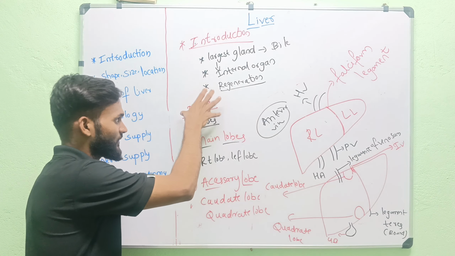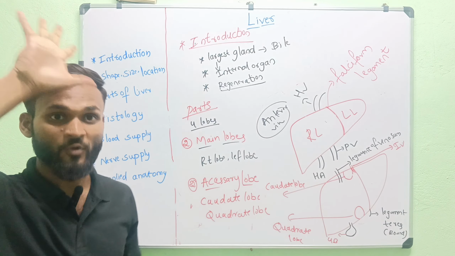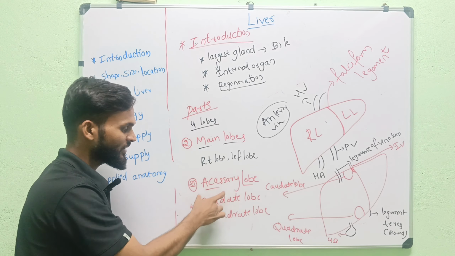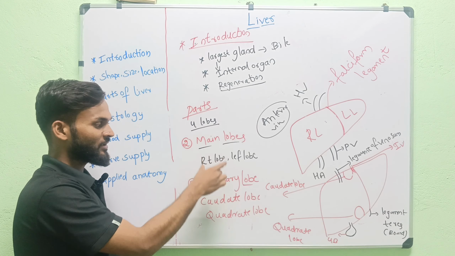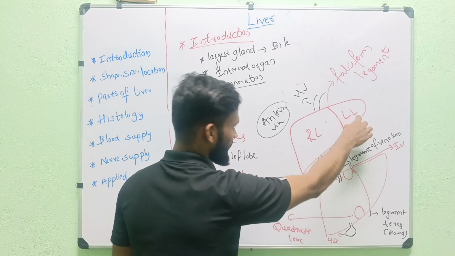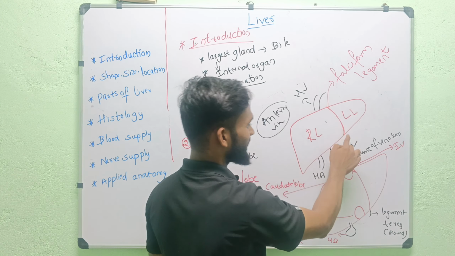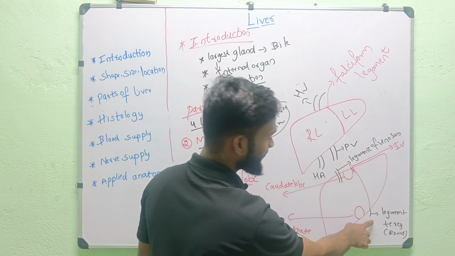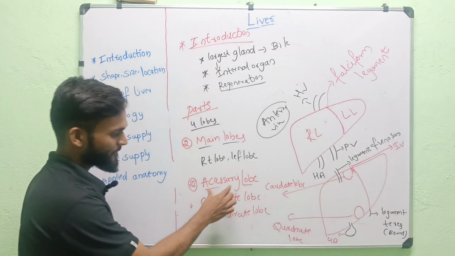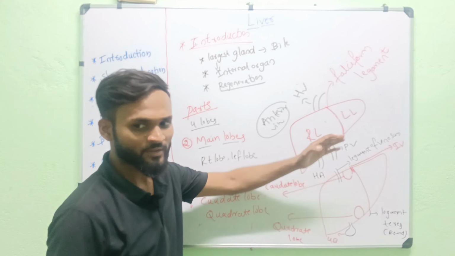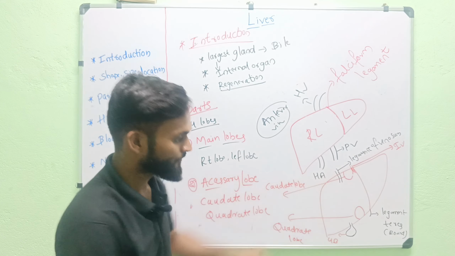The liver is mainly made up of 4 lobes. We divide them into the main lobes and the accessory lobes. The 2 main lobes are the right lobe and left lobe. In between them there is one ligament, known as the falciform ligament, which continues and becomes the ligament of Teres. Then you have the 2 accessory lobes at the posterior side of your liver in the right lobe.